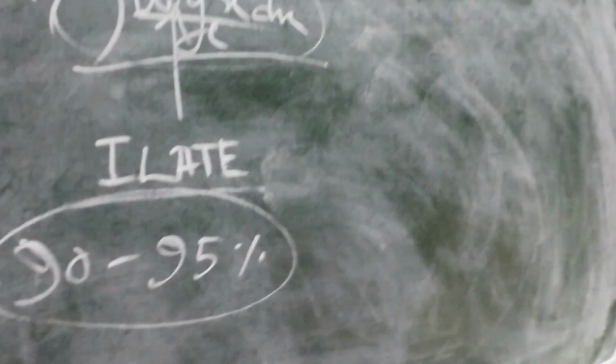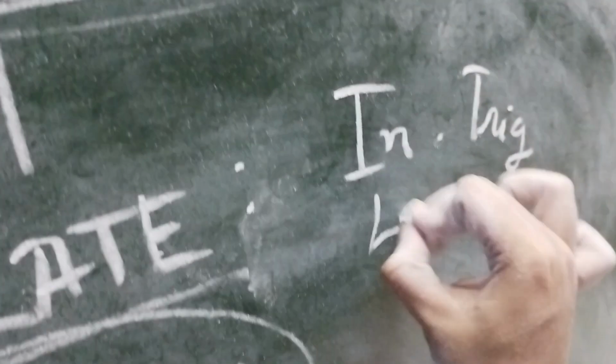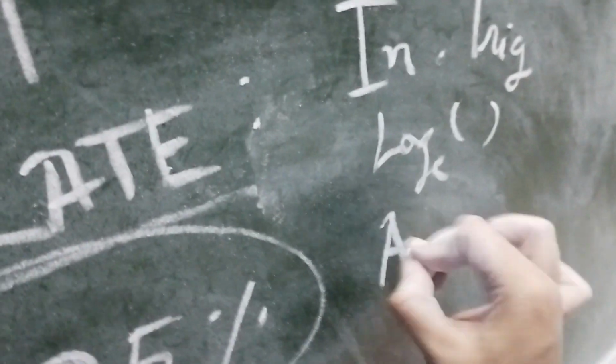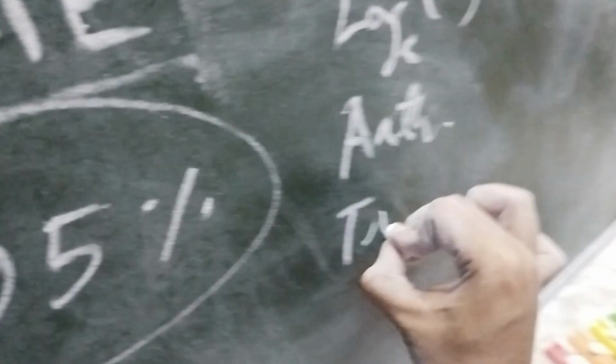Let's ask what is ILATE, right? First is inverse trigonometry, inverse trig. This will get the highest priority. Then logarithmic functions, log-base functions. Then algebraic will get the priority. Then trigonometry will get priority, true trigonometry, rather circular trigonometry.